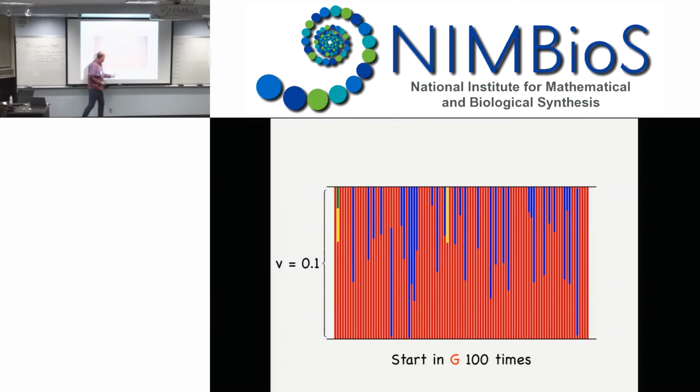So every one of these starts in G. It's red at the bottom. But for instance, this very first simulation, it was G the entire time. So we started in G, and then we ended in G. What that means is that when the program simulated this first site, the waiting time that it generated, the exponential waiting time, was greater than 0.1.